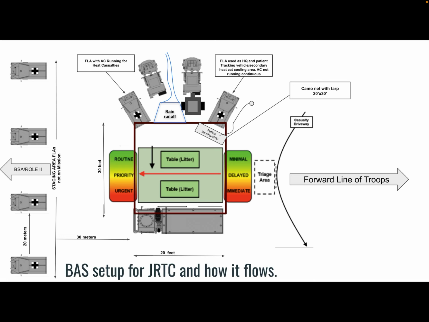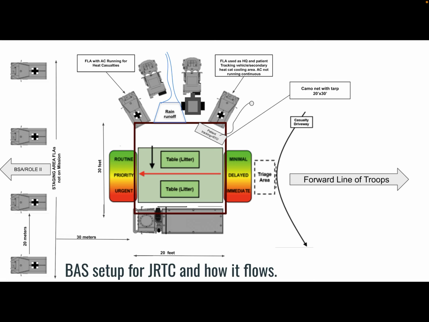I will establish some sort of marking to show where the patient drop-off triage area is, which is on the right in this picture. In the dotted lines, you can see the triage area. There'll be a large triage area, and then a separate area for expectant soldiers that are not going to make it, and that is chiefly where the chaplain will be ministering to soldiers. But this is the basic flow.